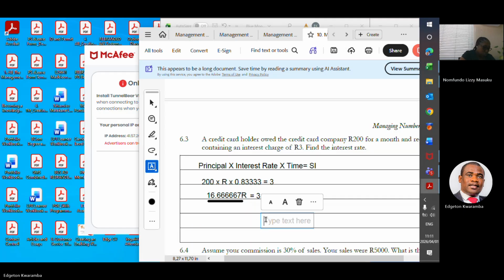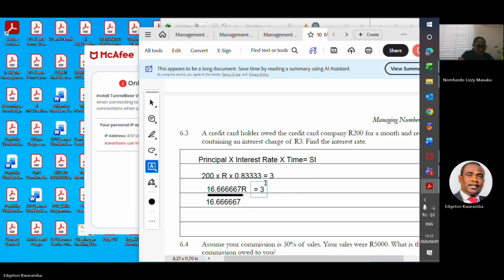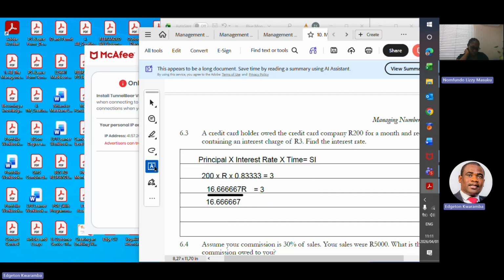So we're saying now 3 divided by 16.66667. I'll also divide this 3 by that same amount, because in maths, what we do on one side, we also do on the other side.